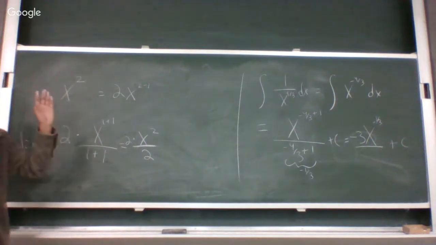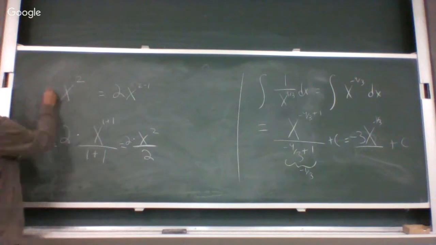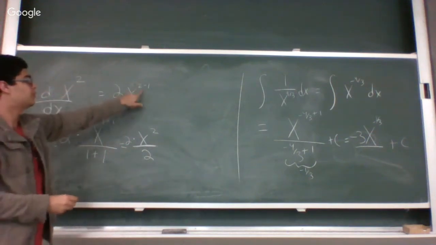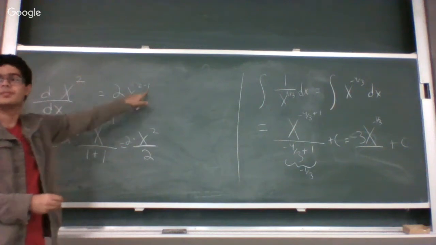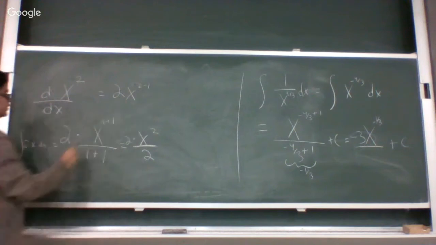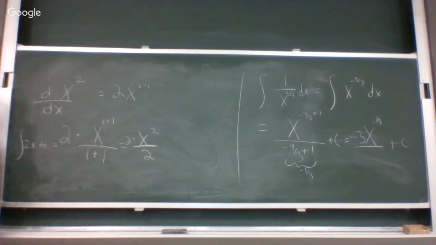It's exactly the opposite, so let me say it again. It's x squared, okay? When we're taking the derivative of this, we bring down the 2 and multiply by x to the 2 minus 1. The exact opposite, if we're taking the integral of this, is now it has an exponent of 1, right?